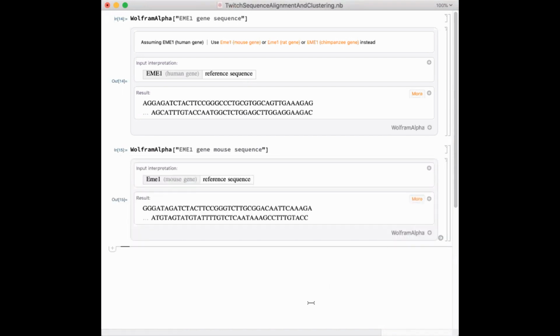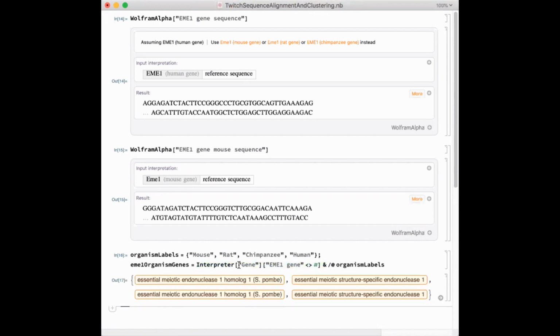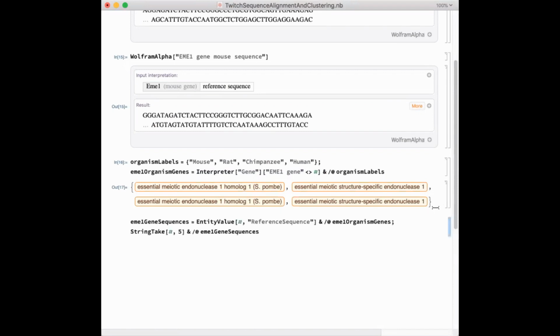So now that we know which homologs we can use, we can find the entities associated with each of these genes and bring in their gene sequences, of which we'll see the first 5 characters of each.